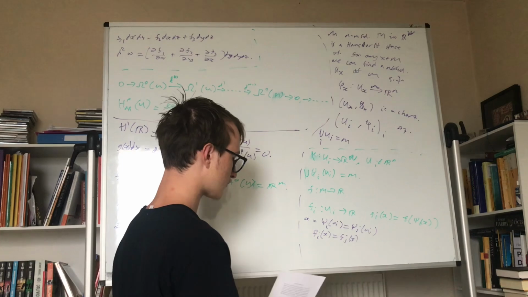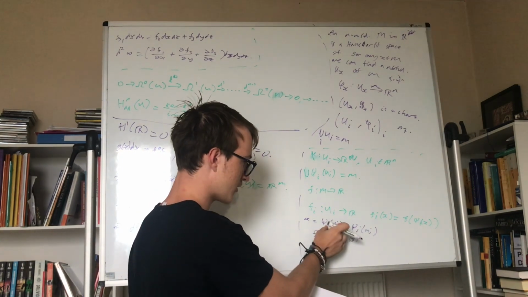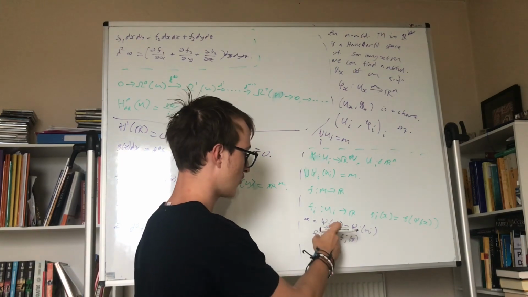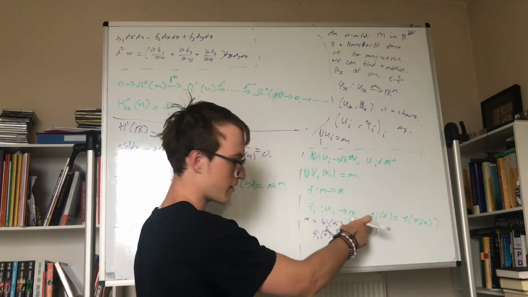Now, if we compose both sides on the left by psi i inverse, we have U i is equal to psi i inverse of psi j of U j.